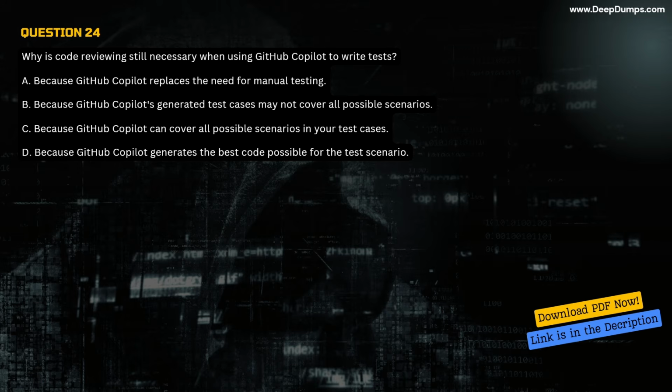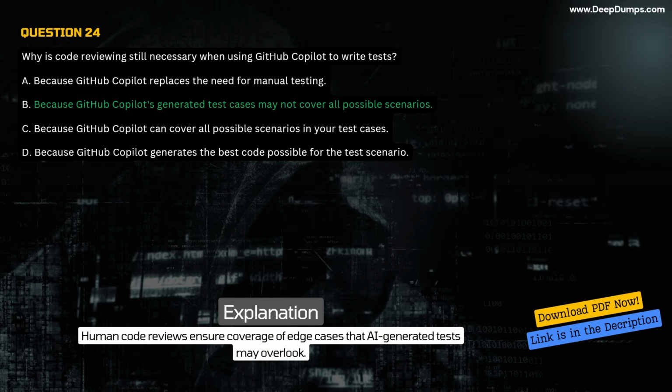D. Because GitHub Copilot generates the best code possible for the test scenario. Correct answer B. Explanation. Human code reviews ensure coverage of edge cases that AI-generated tests may overlook.